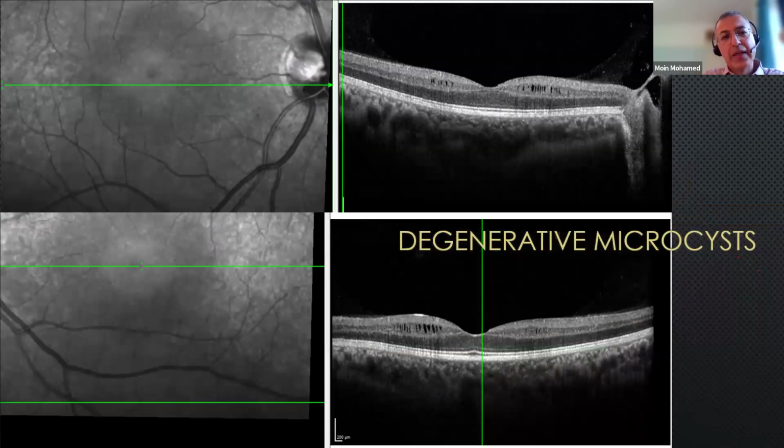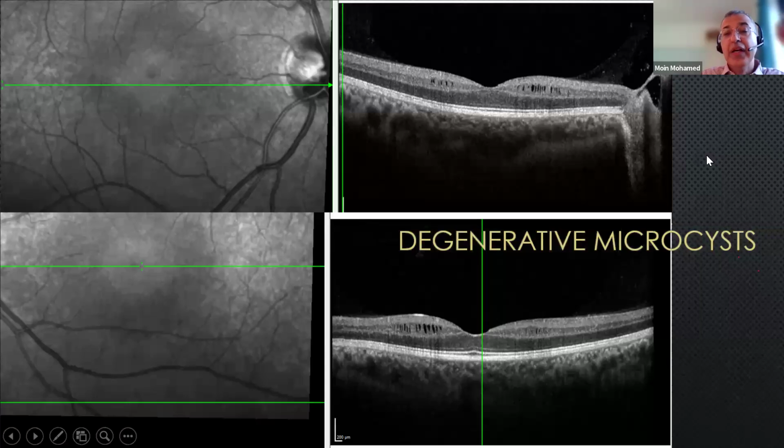So it's worth dwelling a little bit on the degenerative causes, which can end up looking like edema, but aren't edema. So we see degenerative microcysts in patients with advanced glaucoma. So if you look at this scan here, there's no nerve fiber layer. If we remember back to the first talk we did, the first thing you look at is the foveal depression, so it looks blunted.